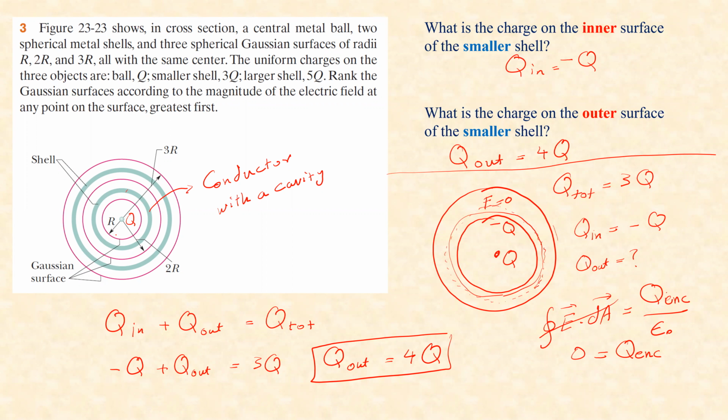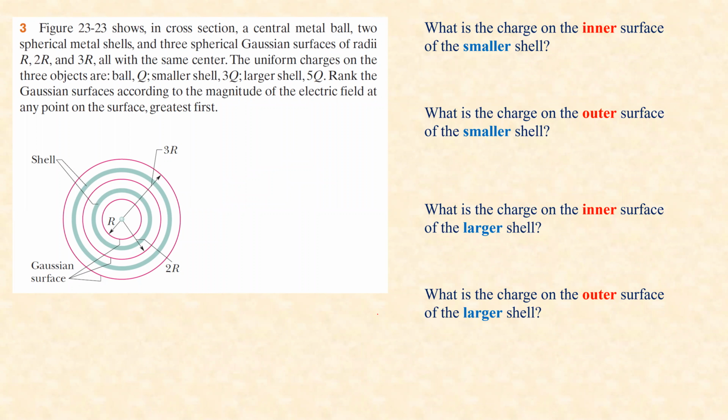All right, now let's do the same thing for the larger shell. What is the charge on the inner surface of the larger shell? Now looking at this one. And what is the charge on the outer surface of the larger shell? 4Q. The inner, somebody says, Tanas says negative 4Q.